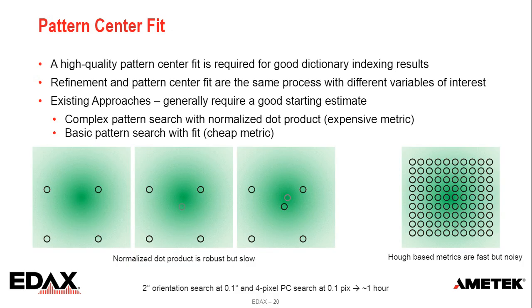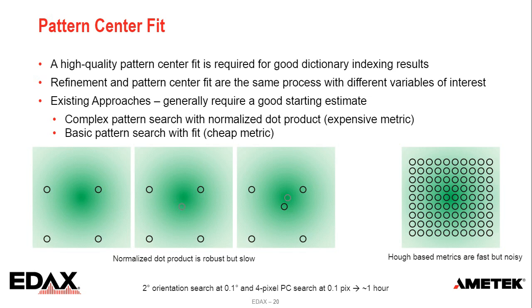So there's basically two approaches that are done right now for pattern center fit. One is basically just what I showed, something like BOBYQA, where you have a relatively complex search algorithm to minimize the number of times you have to evaluate your metric, because, for example, if your metric requires that you simulate a pattern, then it's going to be slow and expensive to do that.